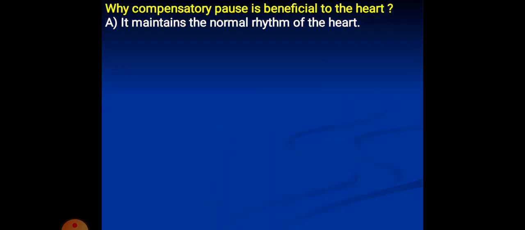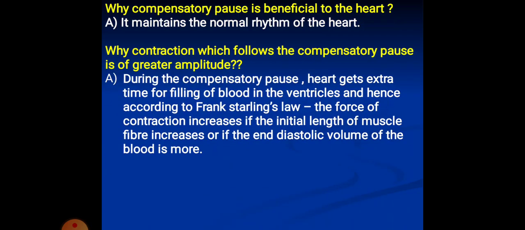Why is the compensatory pause beneficial to the heart? It maintains the normal rhythm of the heart. Why is the contraction which follows the compensatory pause of greater amplitude? It was not properly seen in the graph, but usually after a compensatory pause, the contraction seen is of greater amplitude. During the compensatory pause, the heart gets extra time for filling of blood in the ventricles, and hence according to the Frank-Starling law, the force of contraction is directly proportional to the initial length of the muscle fiber.